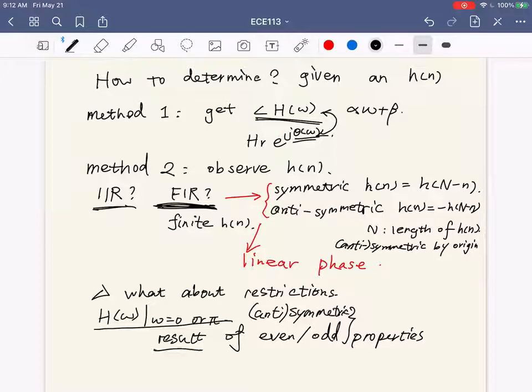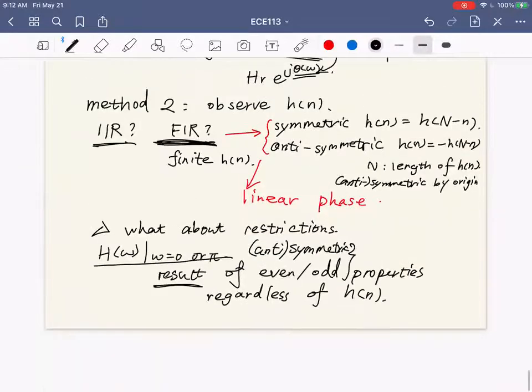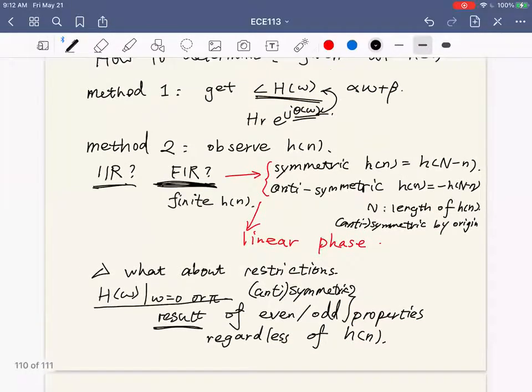So it is just a result of the properties of your sequence, and it doesn't matter what the values of your h of n are, okay? So if we are already given the h of n, we don't need to consider the restriction, because given the h of n, we only need to look up the table and know the conclusion.